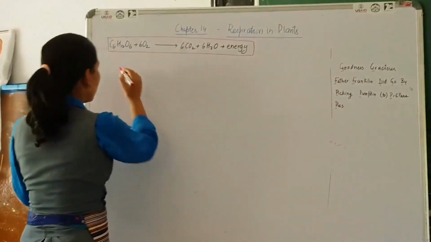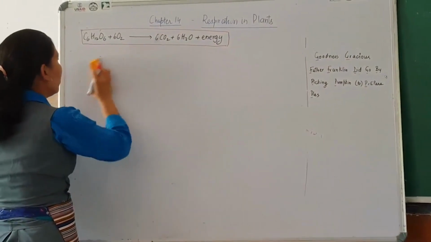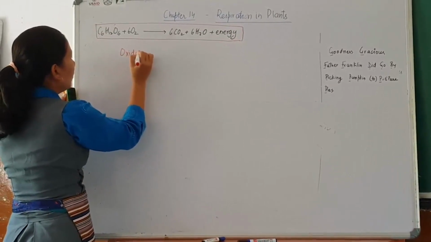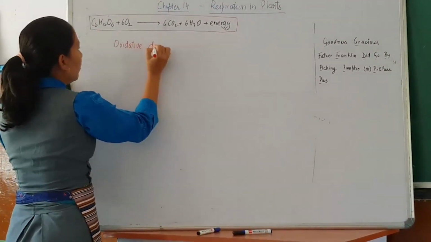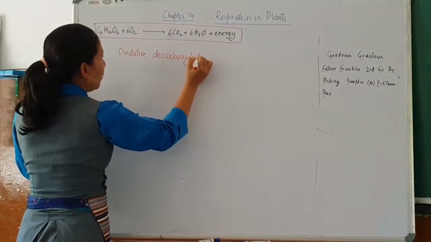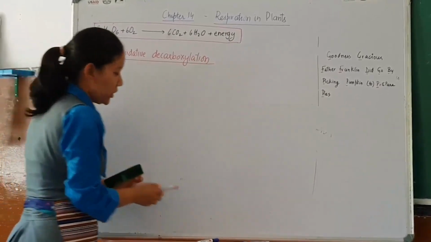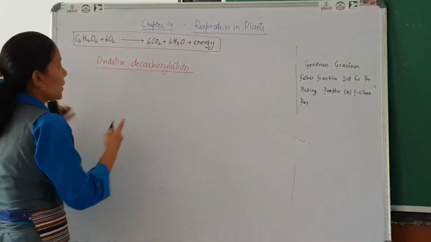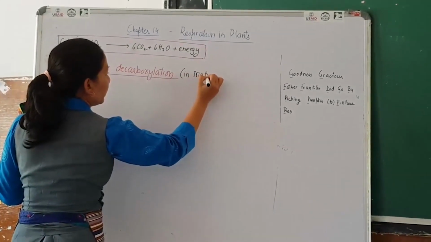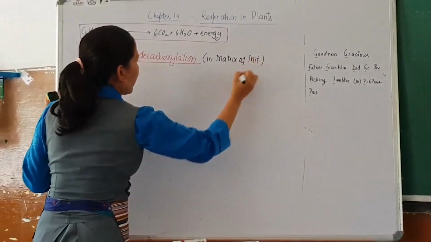Now next is oxidative decarboxylation, and it takes place in the matrix of mitochondria.